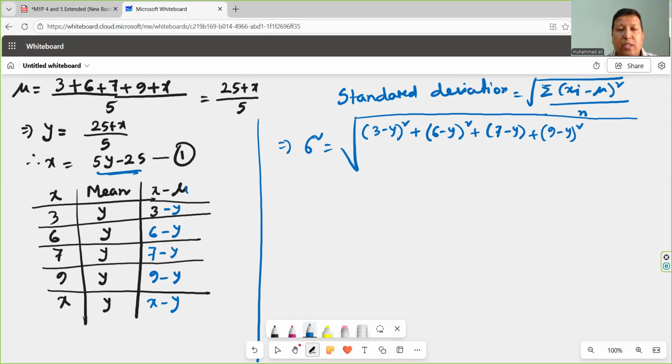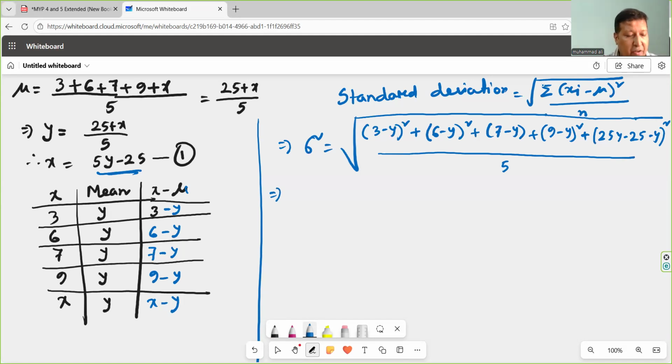Finally, it is x minus y, that means x is 5y minus 25, minus y, whole square, divided by n. n means 5. They gave us the new data standard deviation is root over 34.